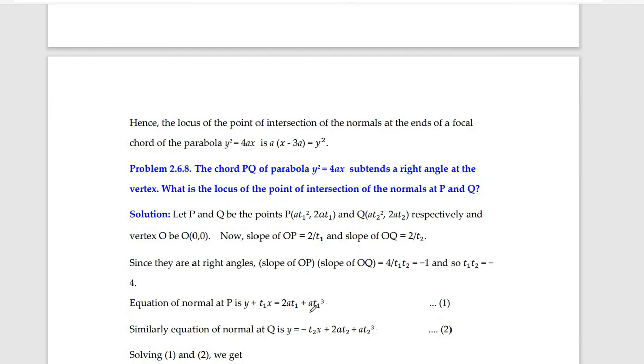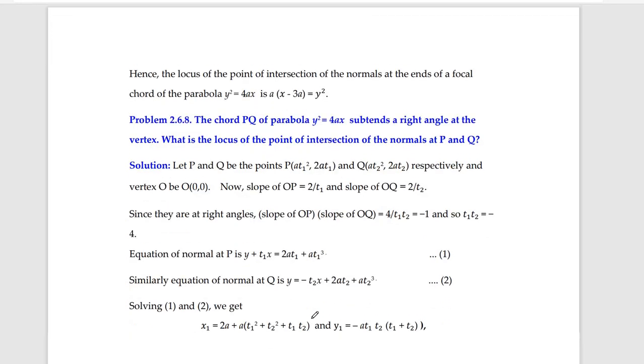Now the next one: the chord PQ of a parabola subtends a right angle at the vertex. What is the locus of the point of intersection of the normals at P and Q? So we have the normals at P and Q intersecting at some point, say x1, y1, the locus of which is asked.